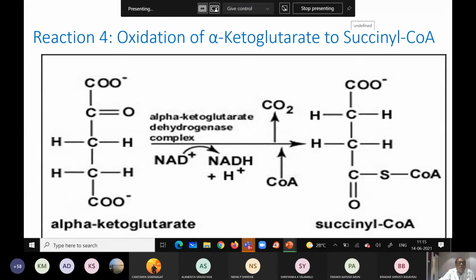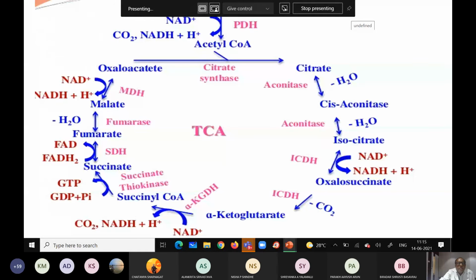Just when you see this reaction, you will come to know that oxaloacetate combines with the acetyl CoA in the presence of citrate synthase and forms citrate, and this will be converted into isocitrate in the presence of the enzyme called aconitase, and then isocitrate into oxalosuccinate, and from oxalosuccinate to alpha ketoglutarate, and then to succinyl CoA, where there will be the formation of GTP, and then succinyl CoA to succinate, and succinate to fumarate, fumarate to malate, and then to oxaloacetate, the final product.